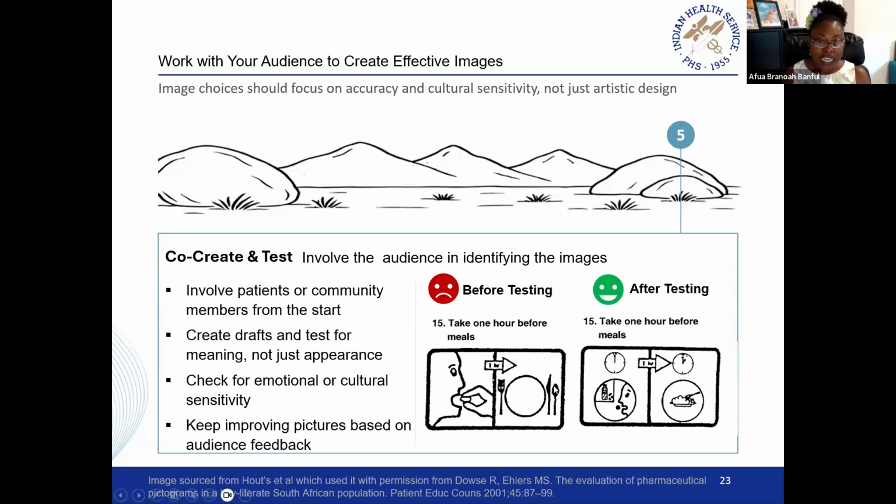This looks like a plate with fork and knife, but if someone is not thinking of fork and knife, these just look very odd or like they're saying something that is not intended. So this paper, and again, you can look at it if you want more detail, they found that using images that were culturally sensitive and co-created is what made the difference, right?